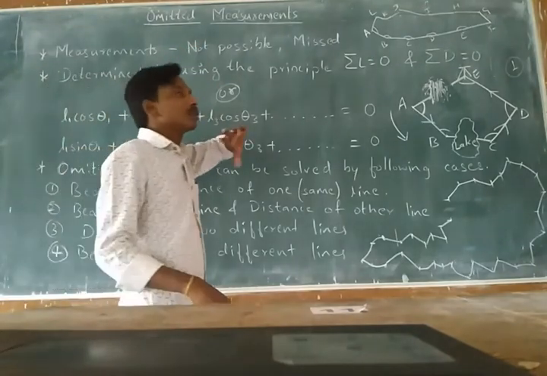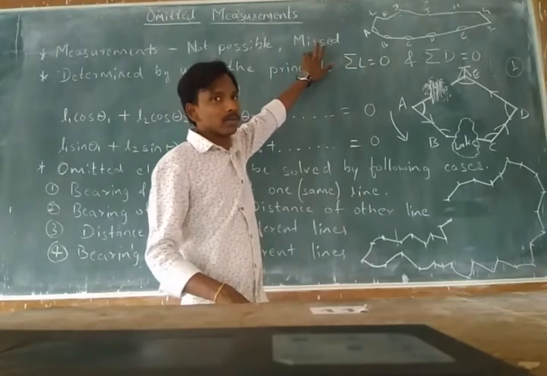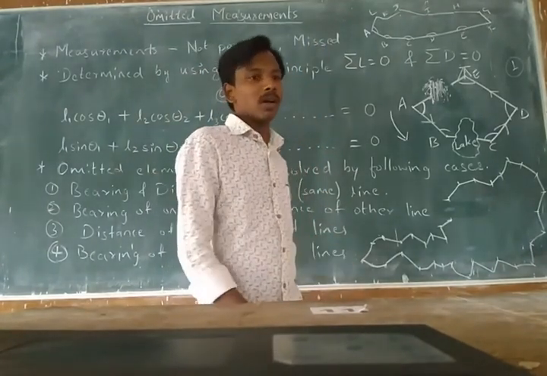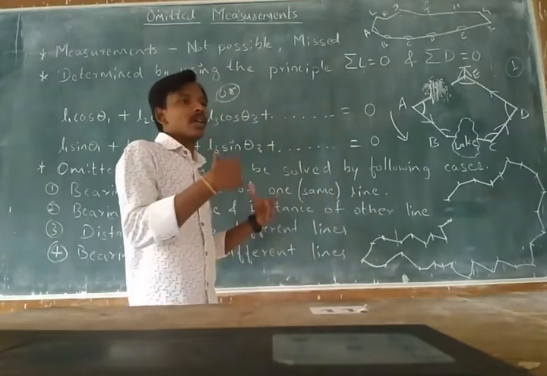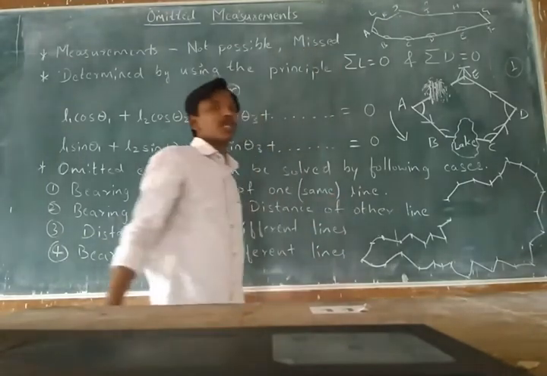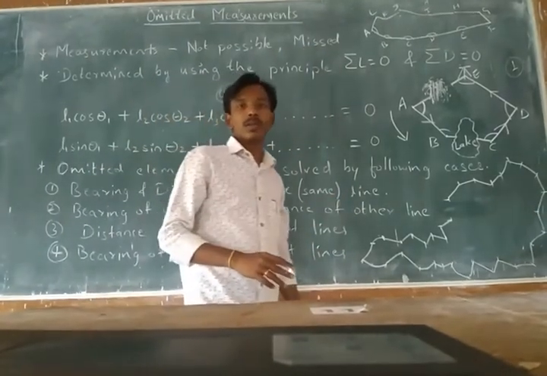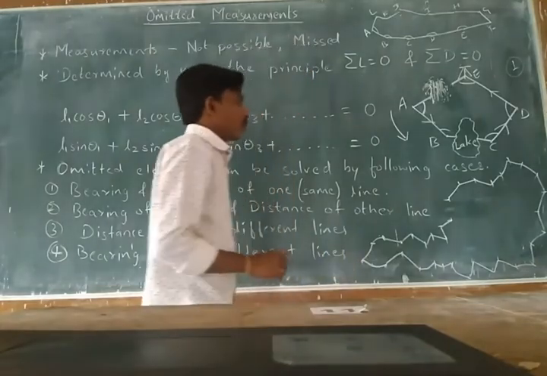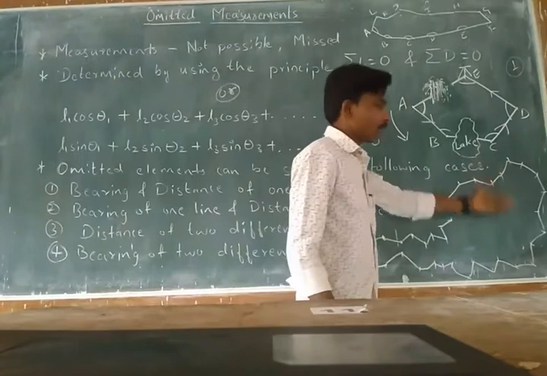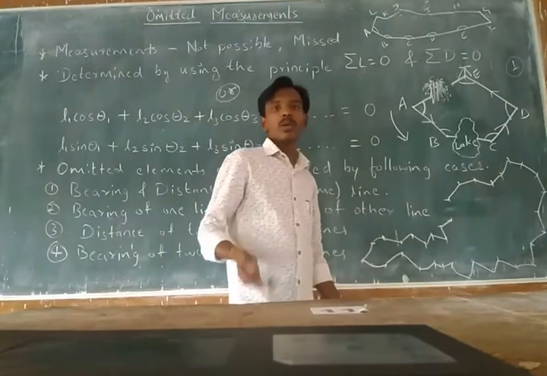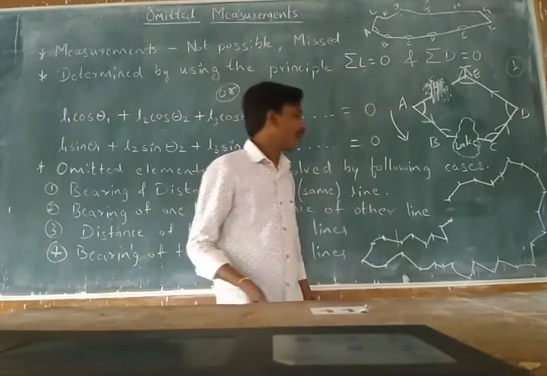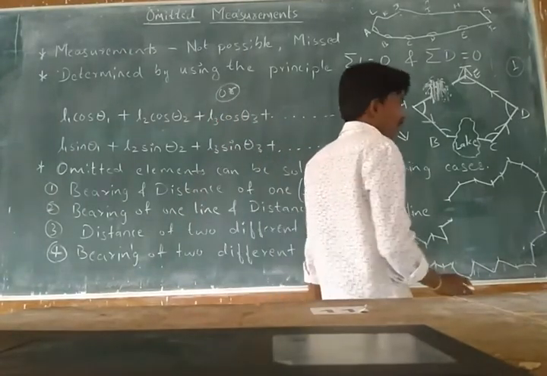Or else sometimes you miss the measurement because unknowingly you forget to take it, or you think yourself that already the measurement has been taken, and you will miss it. That might also happen in the field when it is a huge survey. Here you can see in this picture, this is a very large survey. Sometimes we humans forget, we have the tendency to forget.